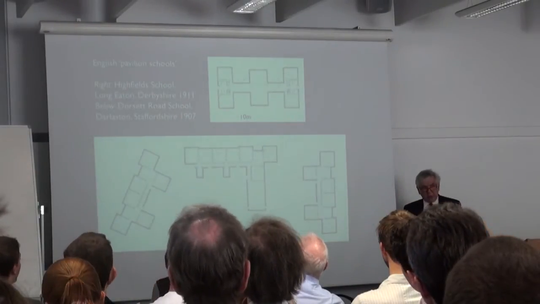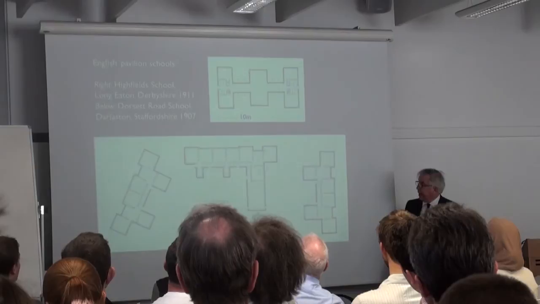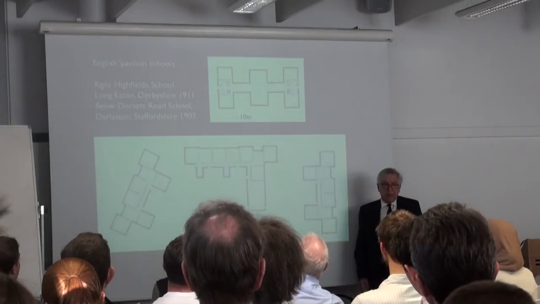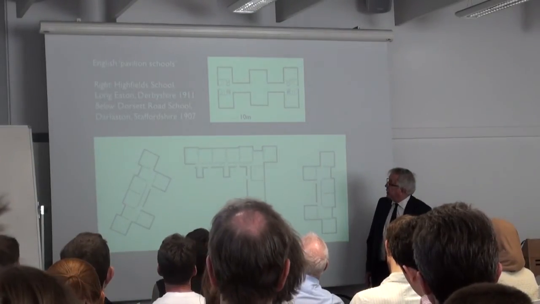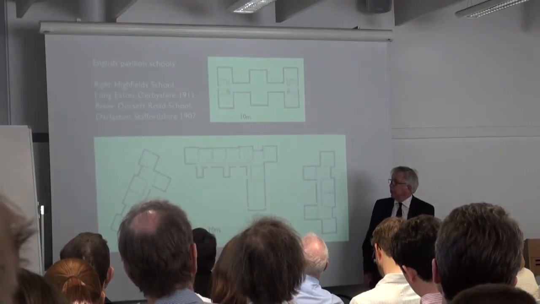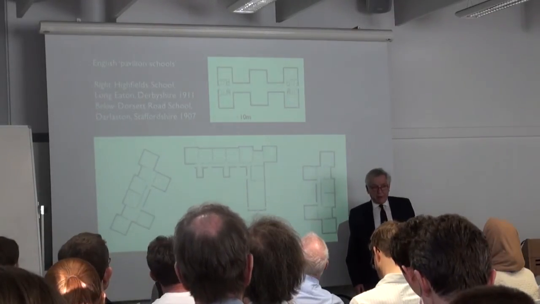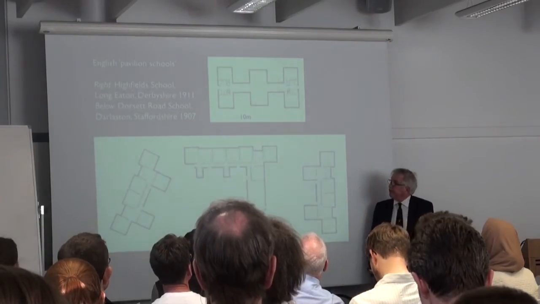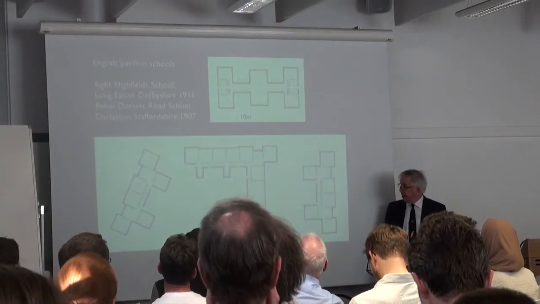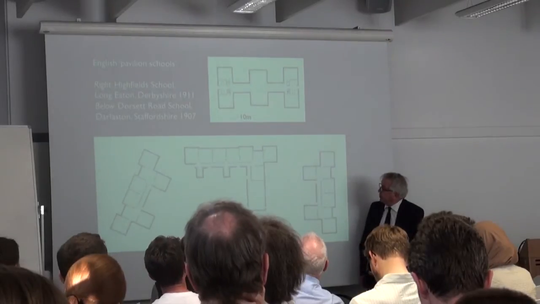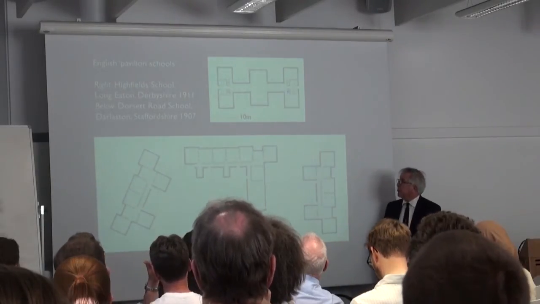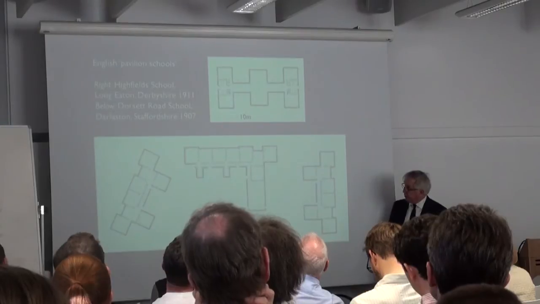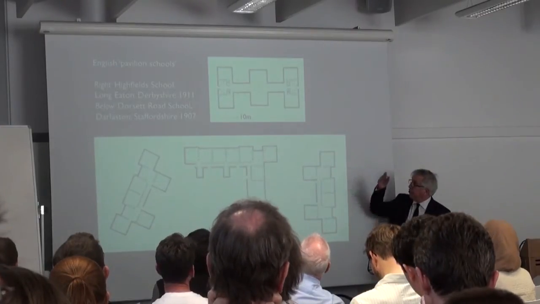But from the beginning of the 20th century, there was a tremendous emphasis on changing school designs to benefit children's health. There was a lot of worry about the health of school children, their lack of sunlight and daylight. And these so-called pavilion schools were designed by architects working with medical officers of health, and they were typically much shallower in plan.